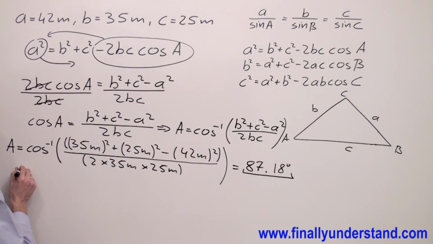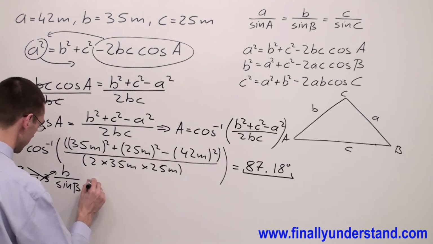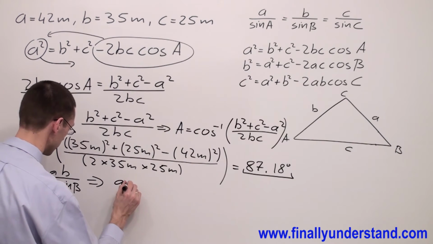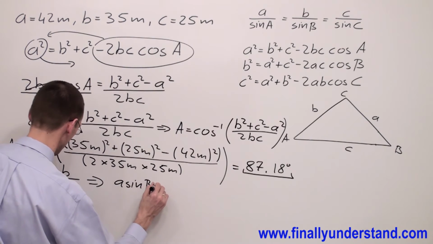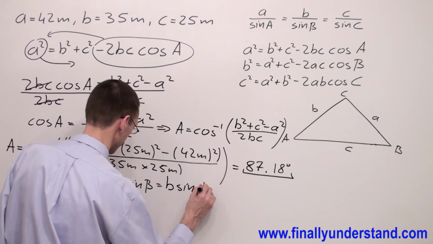So I have A over sine of angle A is equal B over sine of angle B. A is given, B is given, we found angle A, I can find very easily angle B. Cross multiply, and we will have A sine of angle B is equal B sine of angle A.